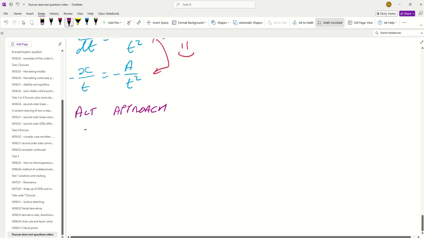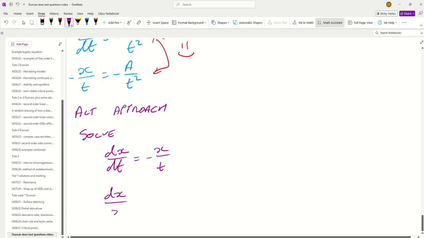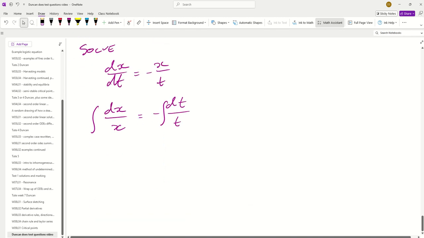Let's solve the ODE. Just for the general solution, it's first order separable. Like so.